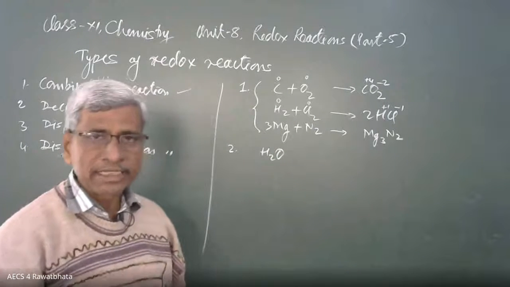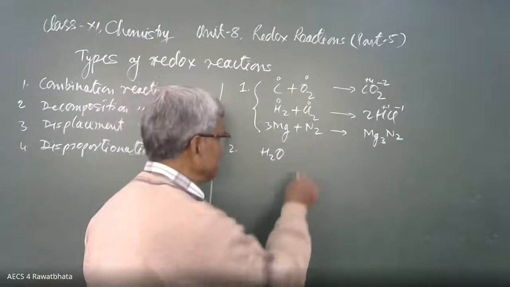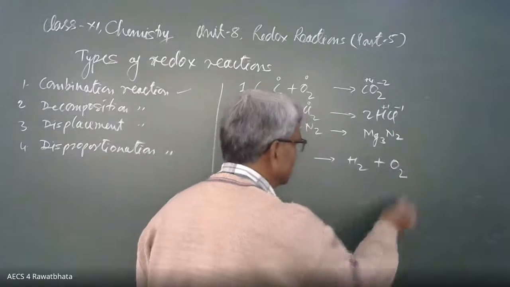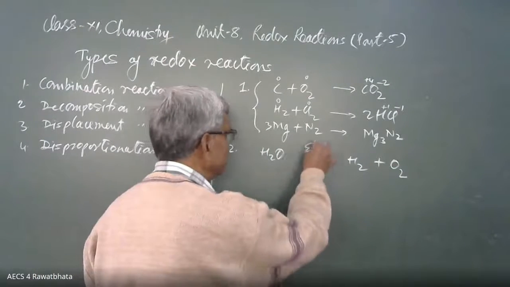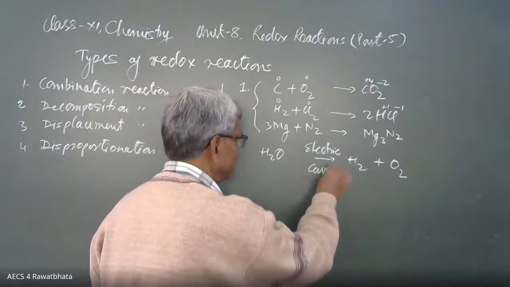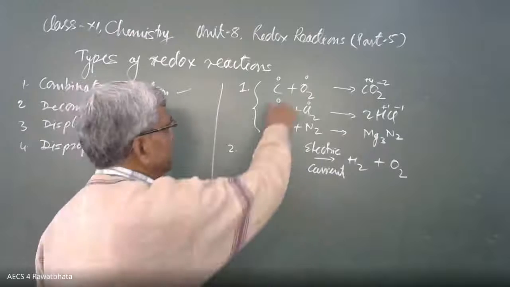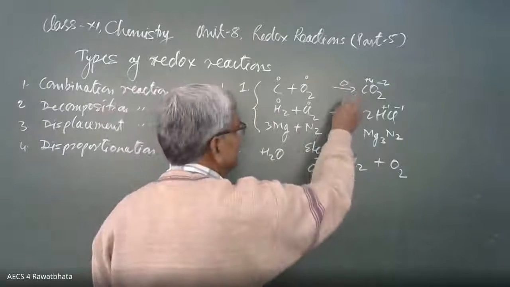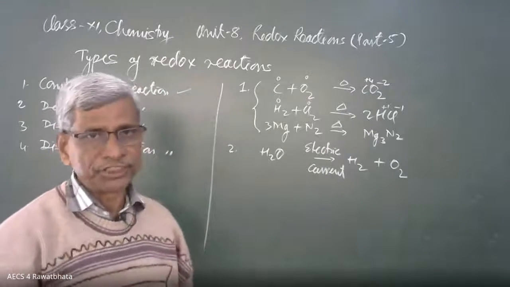H2O, when electrolyzed, when we pass electric current, breaks into hydrogen gas at one electrode and oxygen gas at another electrode in presence of electric current. Here heat is required. At all the steps heat is required. Heating is done up to ignition temperature.